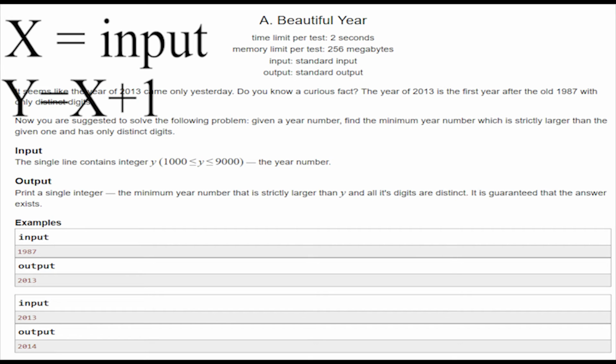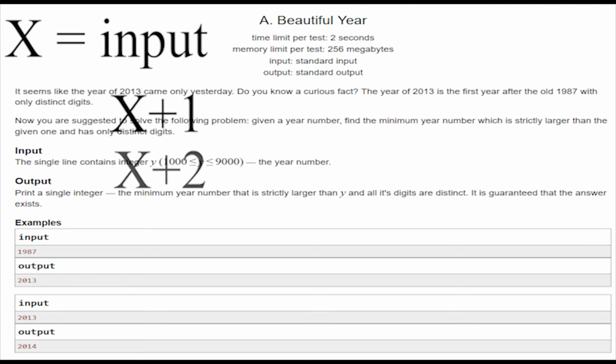So now that we reasoned that out, we ask ourselves, yes, that is the smallest larger integer than x, but does it have distinct digits? Well, let's assume that it does not, because if it would, that would naturally be the answer, but if it does not, we would find the next smallest integer that is larger than x. Well, that would be x plus 2.